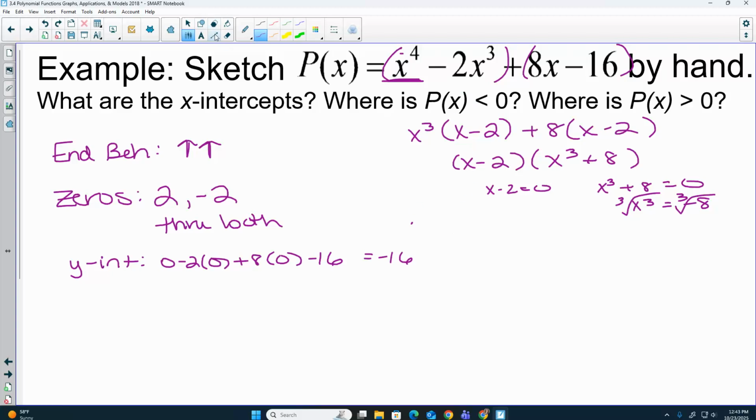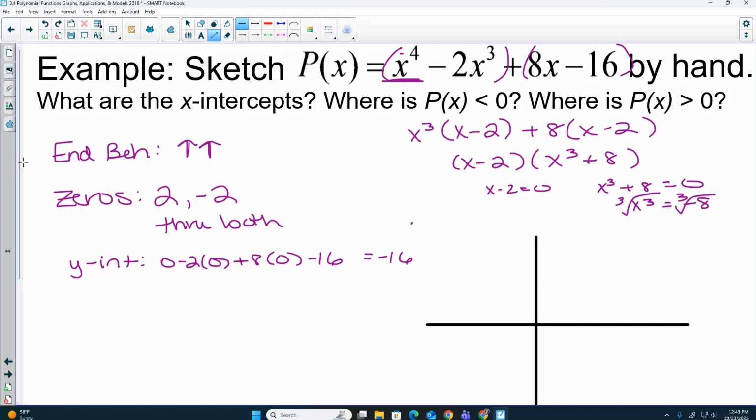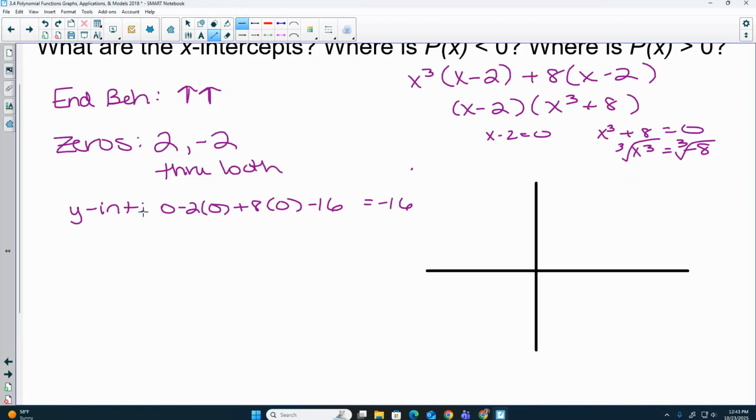So then I can draw my graph. I did give you guys a grid on this. If you didn't and you were drawing your own, you don't have to count by ones for your y-intercepts. Sometimes they're fairly big numbers, so you could count by something else here. I'm going to count by 4s.